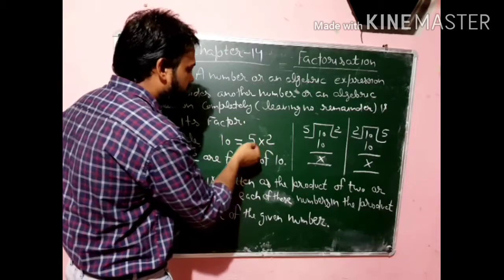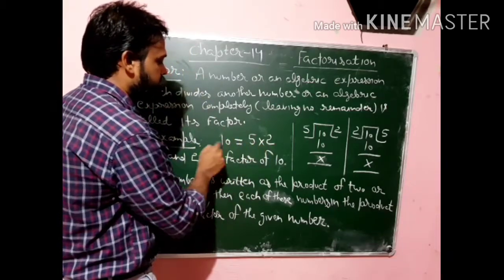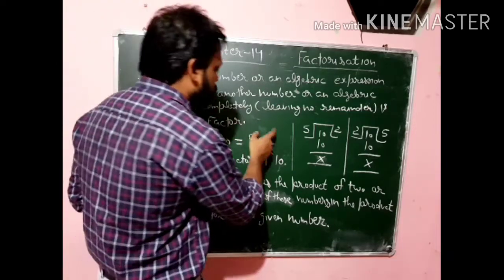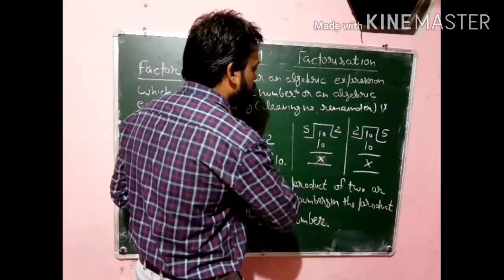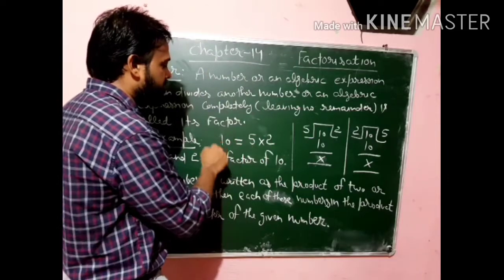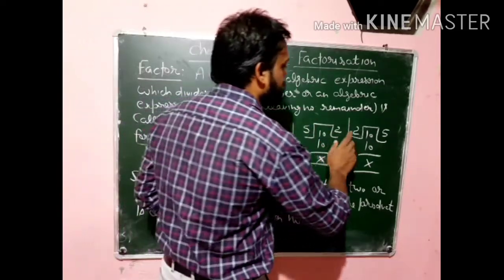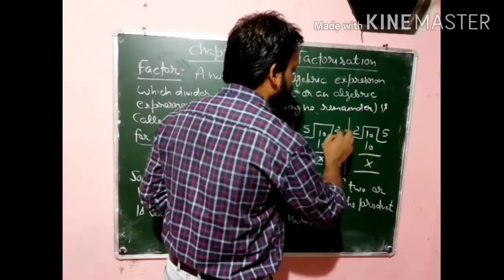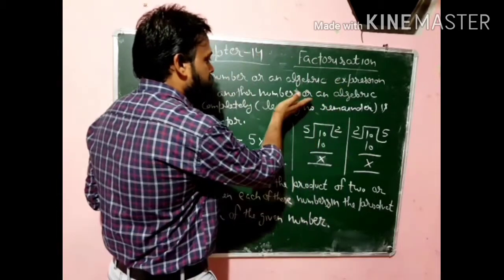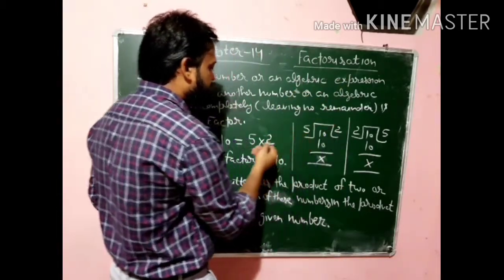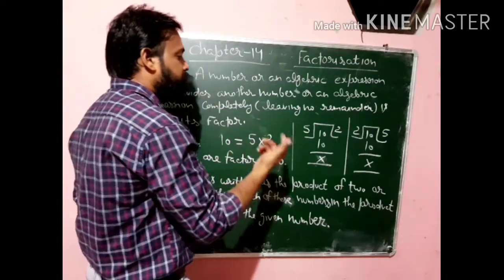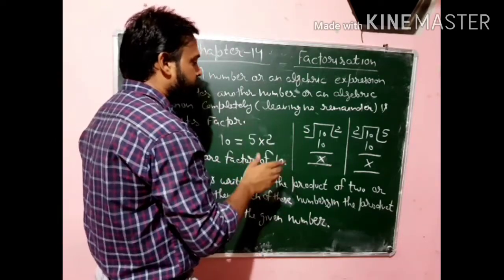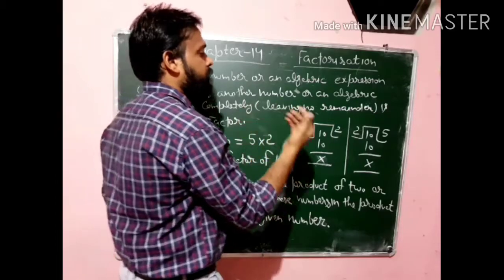So here 5 and 2 are the factors of 10. Also, when we divide 10 by 5, it is completely divisible, and likewise for 2. So this definition is also satisfied: when we divide a number by another number and it divides the given number completely, then we can say that number is a factor of the given number.